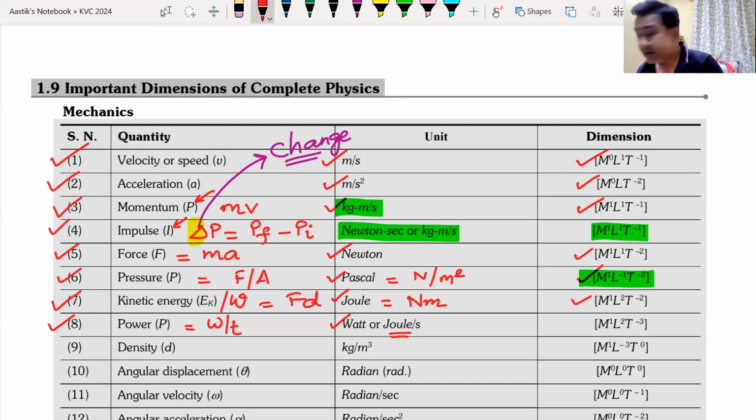Then how do you get the dimension? It's pretty simple. You know the dimension of work, divide it by time. The only difference is it is divided by time. So ML square T minus 3 becomes its dimension. That's the dimension of power.